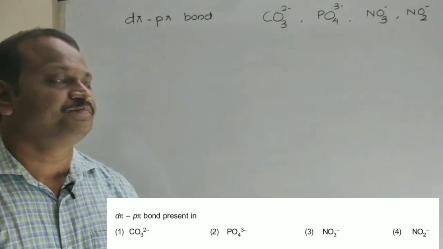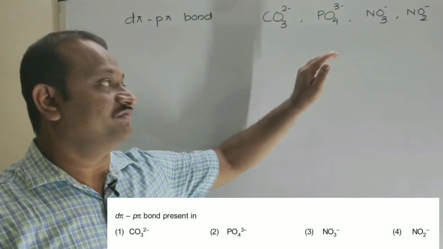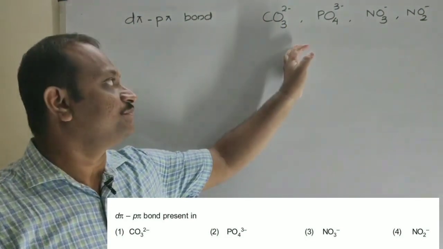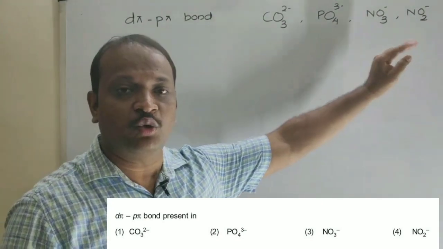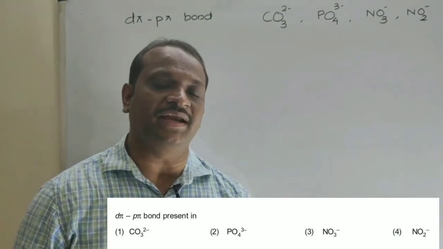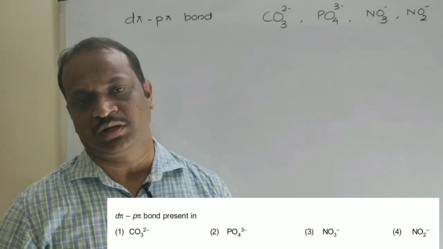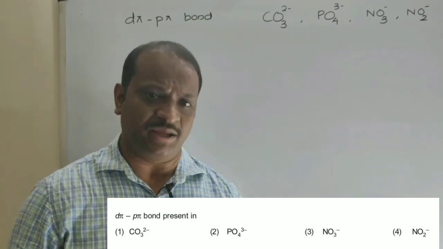See the next question. Out of the 4 species, let me read these 4 species: CO3 2 minus, PO4 3 minus, NO3 minus, NO2 minus. In which of these following species is a p-pi d-pi bond present? We normally studied what a pi bond is.